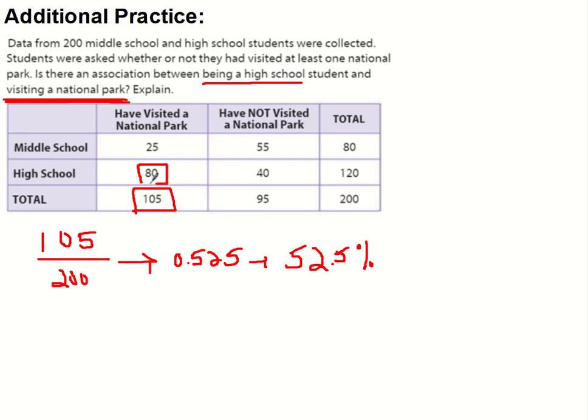So now I want to look at this 80 compared to this 120 here. So I look at 80 over 120. So if you're a high school student that has visited a national park, of the total 120, that's going to get me 0.667, which is 66.7%.